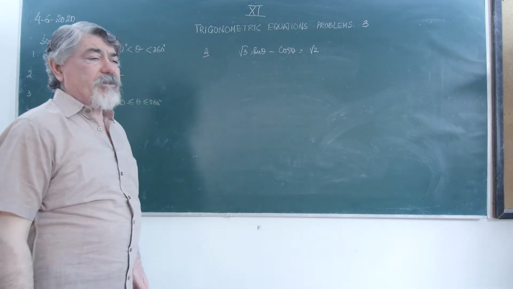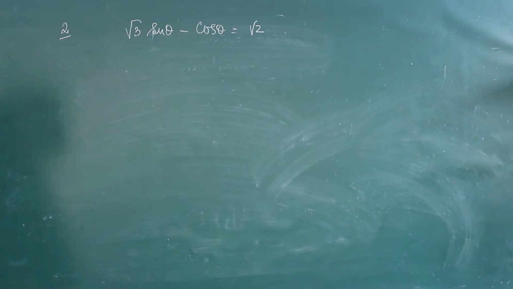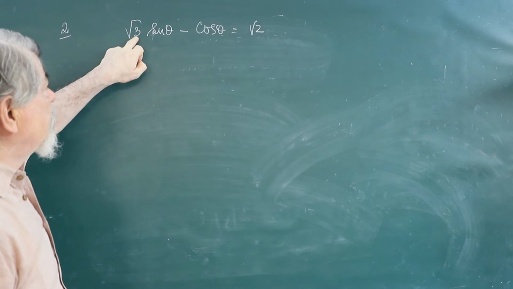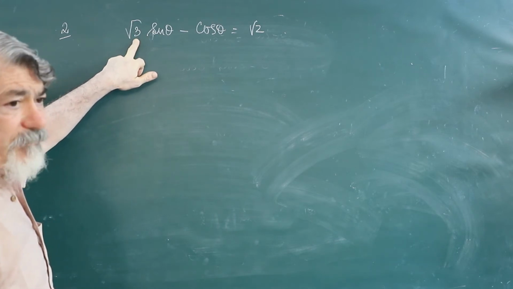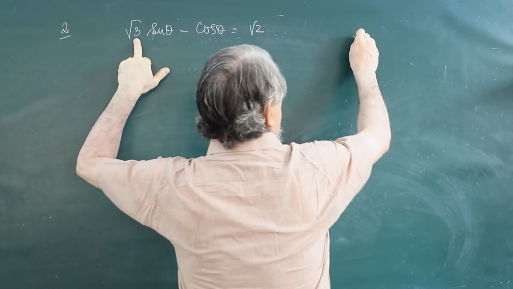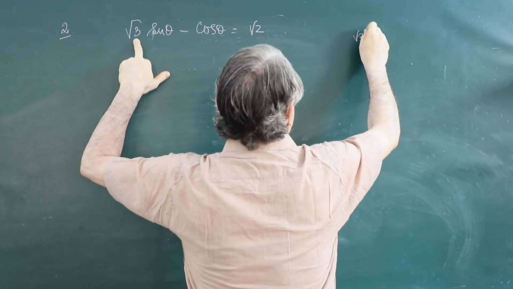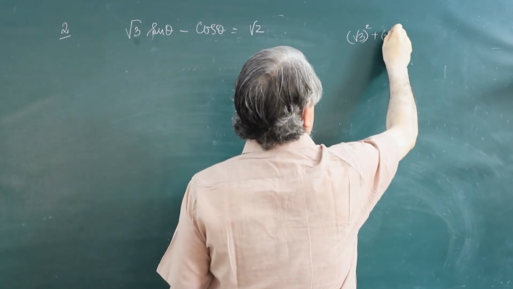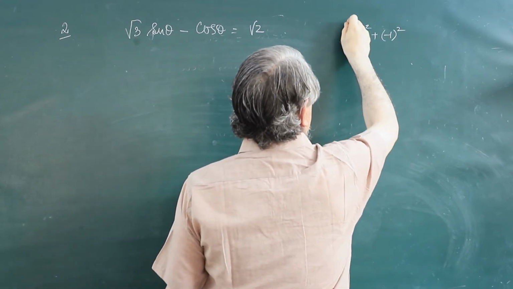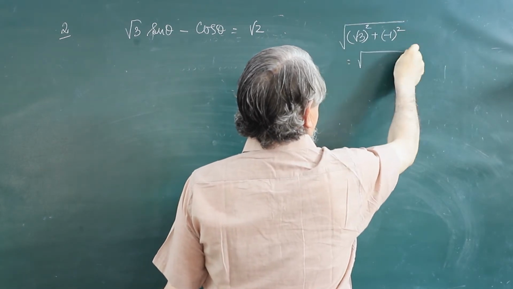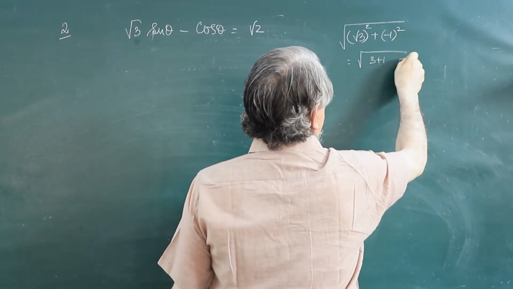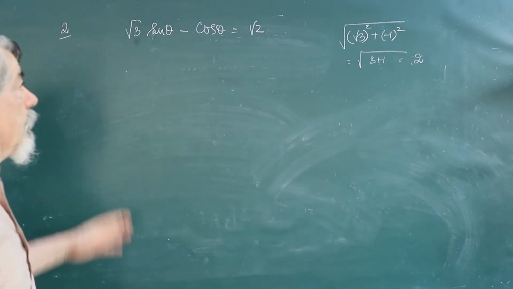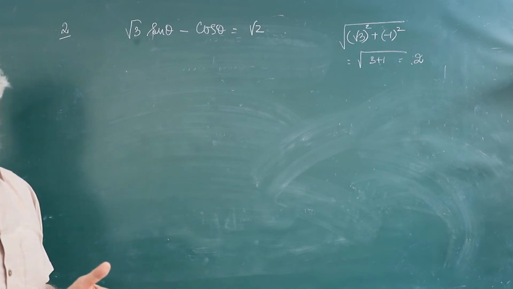Now in these kinds of trigonometric equations, what we do is take the coefficient of sin theta, root 3, whole square, plus the coefficient here, minus 1, whole square, and take the under root. That will become 3 plus 1, that will be 4. You will get 2.